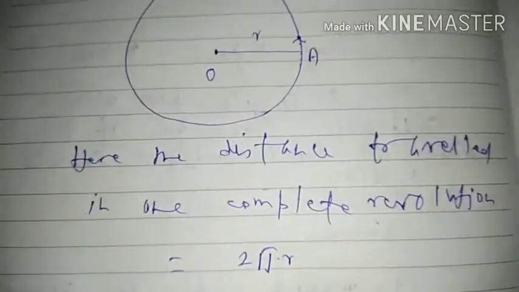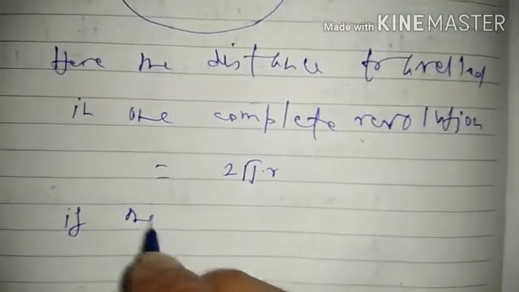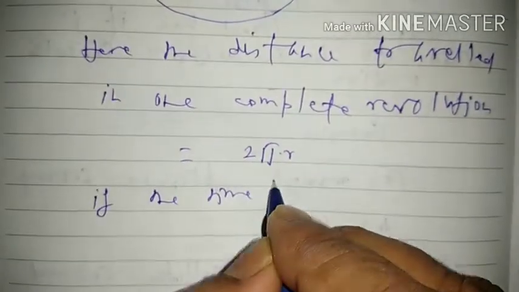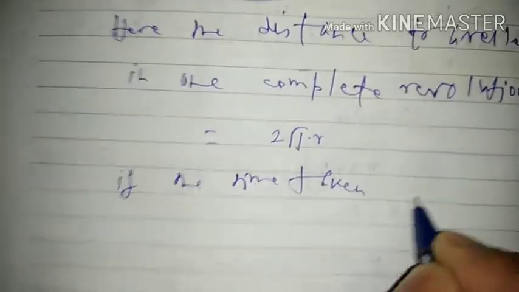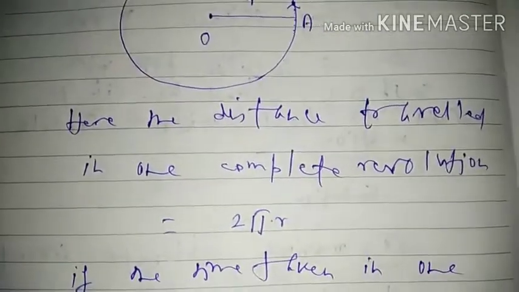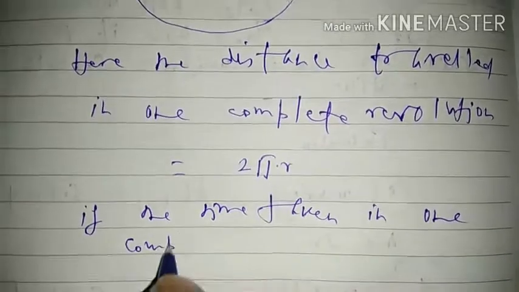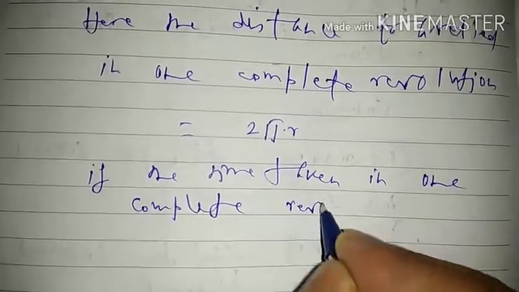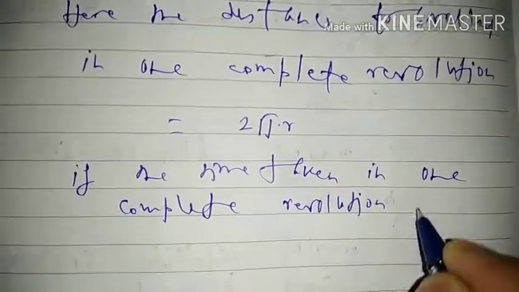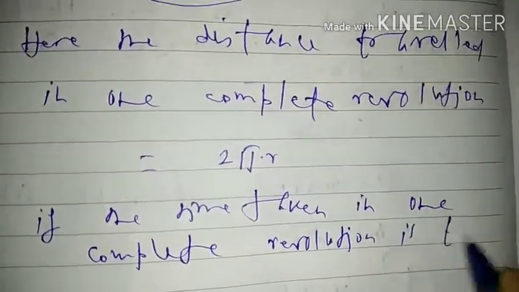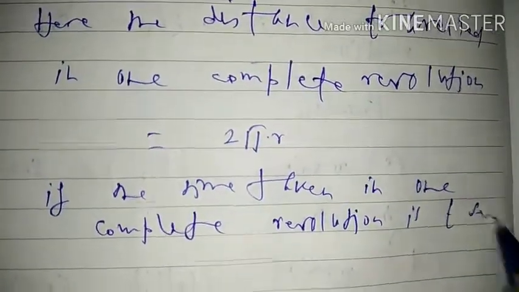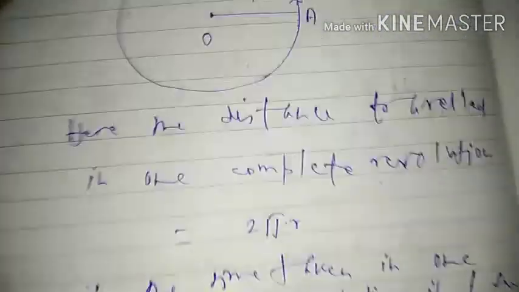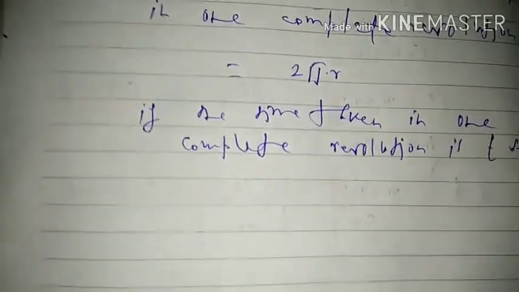And if the time taken in one complete revolution is t seconds, then what will be the speed here?